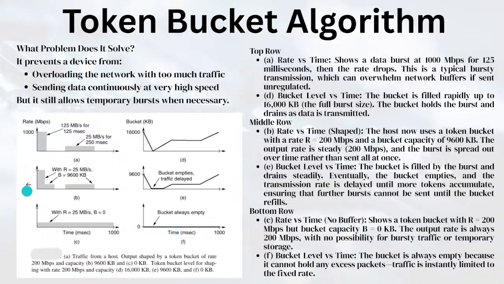With this example you will come to know how the token bucket algorithm works, and what it is aiming to solve. Keep in mind that it prevents a device from overloading the network with too much traffic, and also stops it from sending data continuously at very high speed.